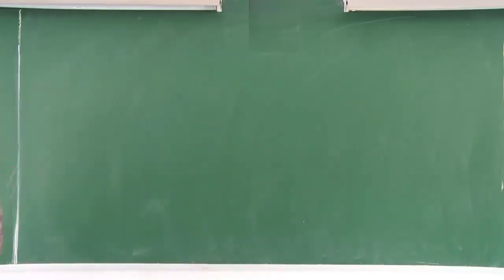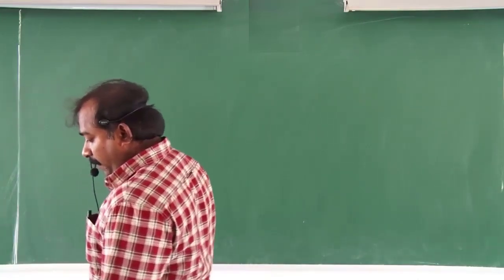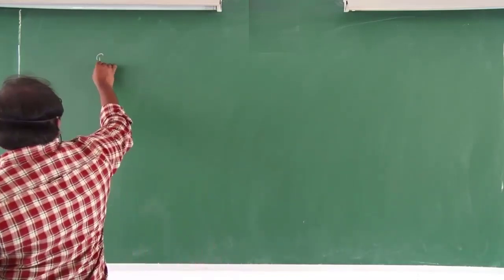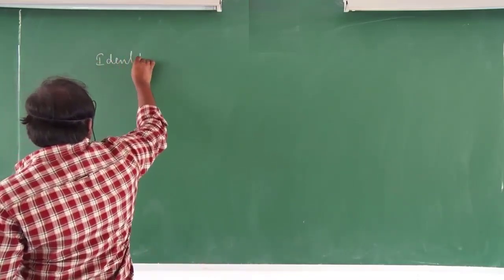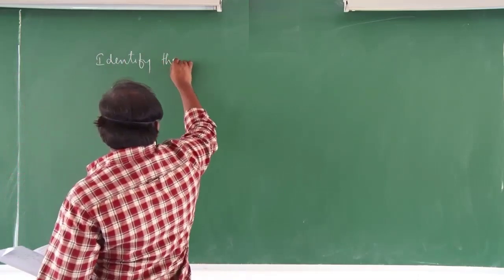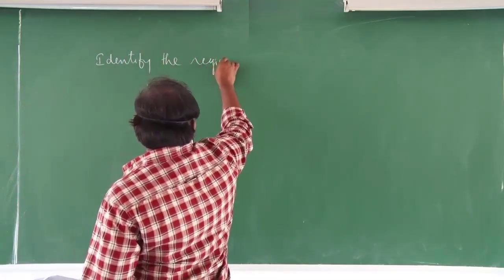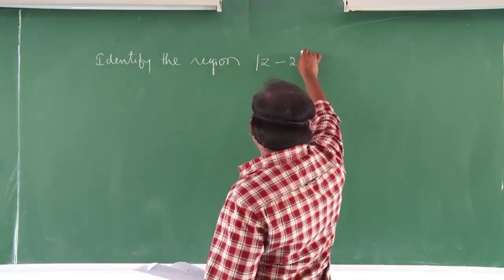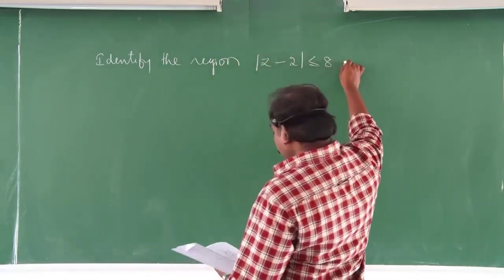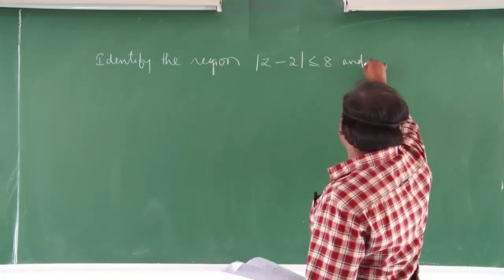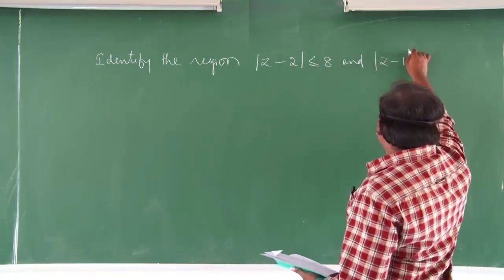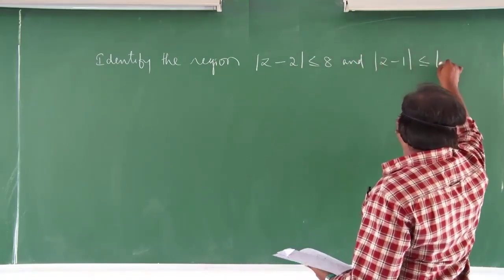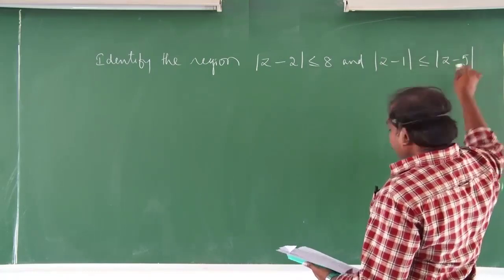Okay, next one more example I will give you. Here they have given: identify the region modulus of z minus 2 less than or equal to 8 and modulus of z minus 1 less than or equal to modulus of z minus 5.